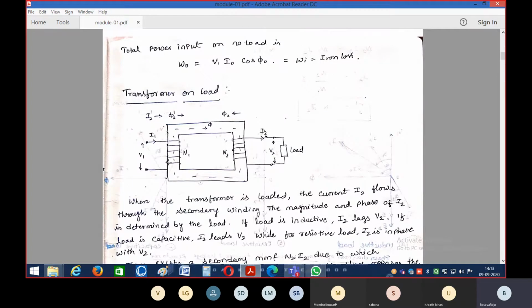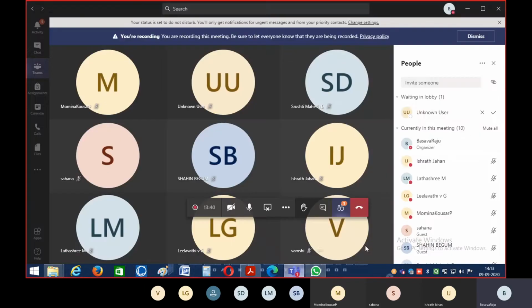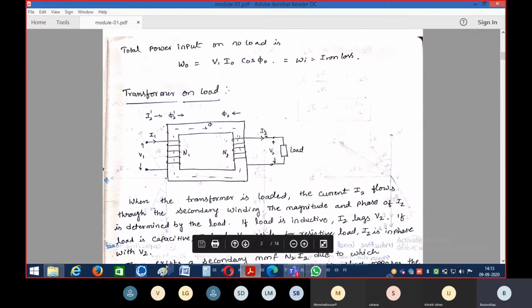Now see here, this is the primary winding, this is the secondary winding, right? The primary winding will have a finite amount of resistance, which is called R1. R1 is nothing but the amount of resistance due to the primary winding, and similarly we will have the resistance due to the secondary winding. This is the secondary winding consisting of N2 number of turns.